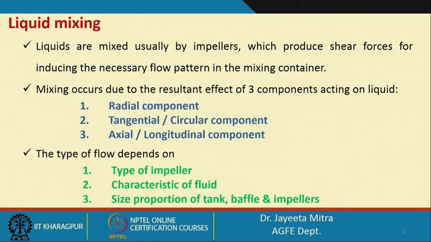So, the size proportion of the tank diameter and impeller diameter, also the impeller blade dimension, the baffle, everything is important, the height of the tank. Okay. So, all such parameters are important, and based on that we can define what kind of flow regime is there, what kind of flow velocity is there, and how far it is affecting the mixing process in a particular liquid mixing.